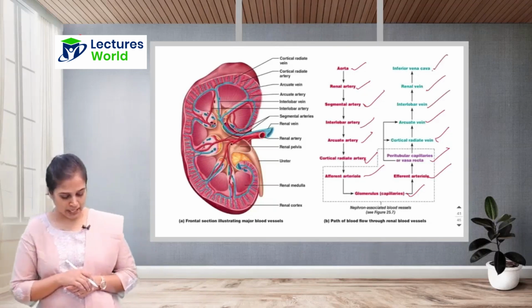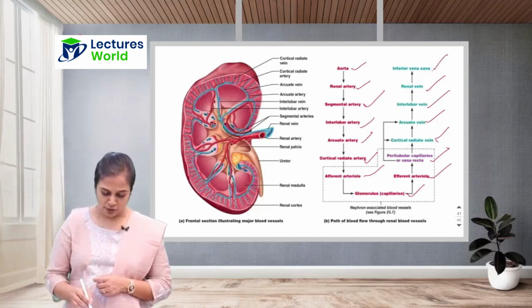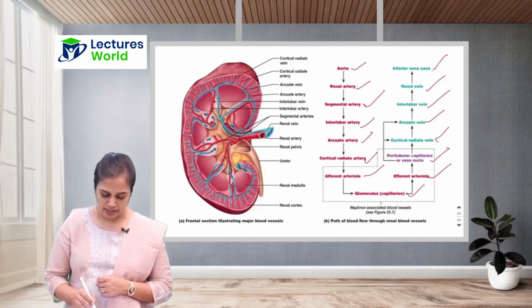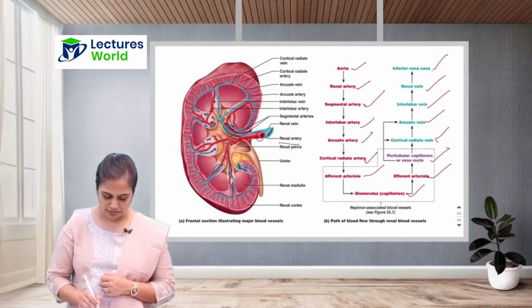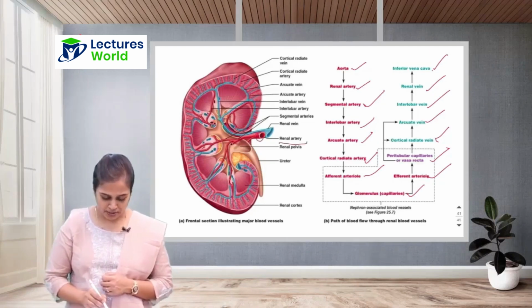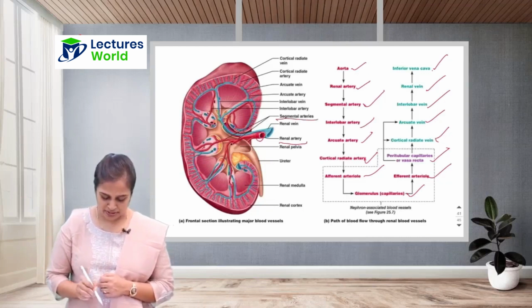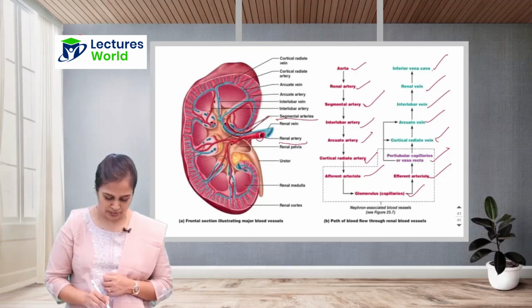So now we will see it in the image. From the aorta, the kidney receives blood into the renal artery. This is the renal artery. From the renal artery it branches into the segmental arteries. You can see these are the segmental arteries.